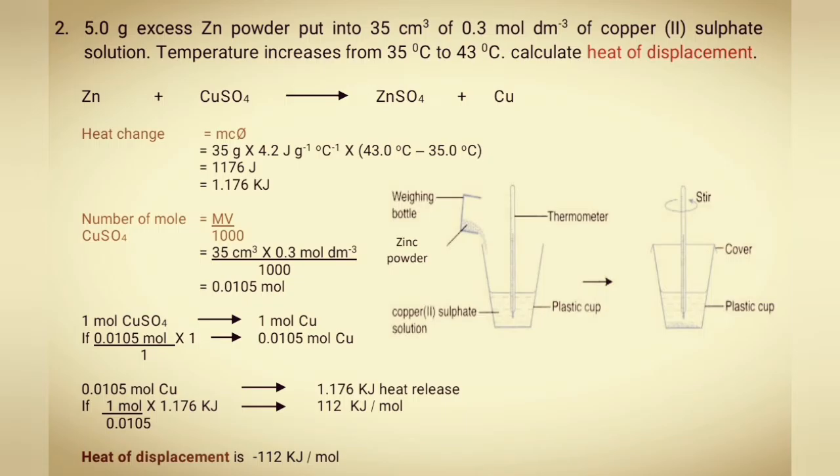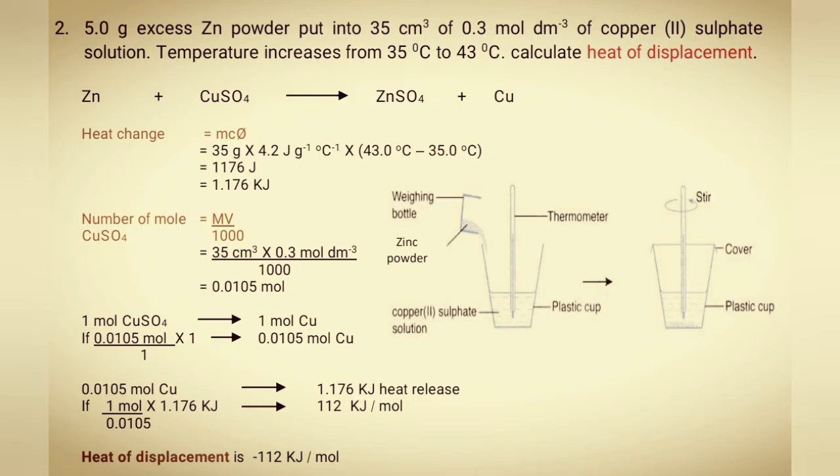The number of moles of copper(II) sulfate will be used in the proportion to get the number of moles of copper displaced from its solution. So we know here 1.176 kilojoules of heat released when 0.0105 mole of copper metal is displaced from its salt solution, or from copper(II) sulfate solution.